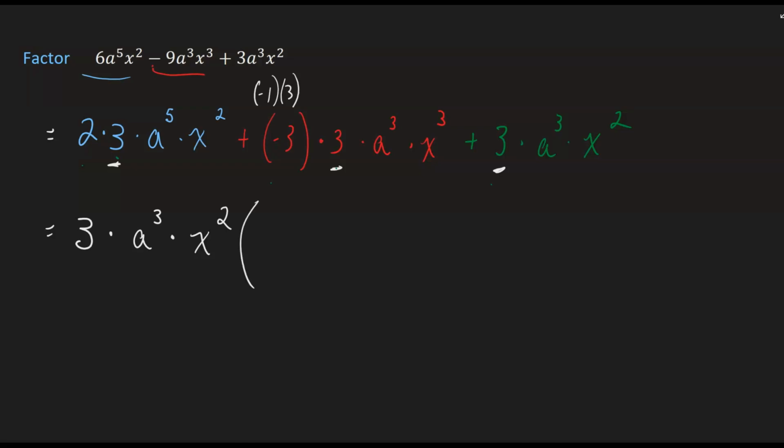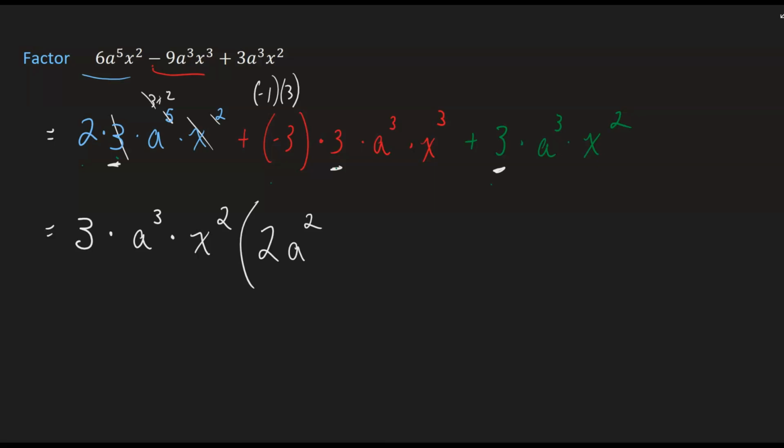Leaving us with, all right, so I used the 3. I used up 2 of these. Actually, I used up 3 of them. And x squared, I used up all of those. So we're left with 2a squared.